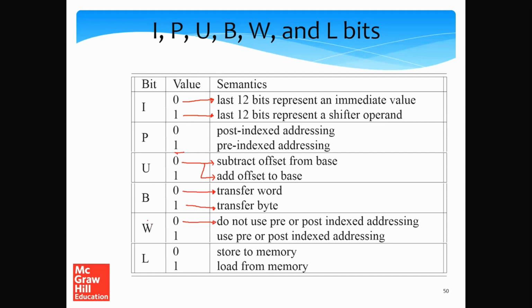W can be thought of as the write back bit, where essentially the base register is changing. And if the W bit is 1, it means to use pre and post indexed addressing. Lastly, how do we differentiate between a load and a store? That's very simple. L can be thought of as the load bit. If the bit is 0, we store to memory, and if the bit is 1, we load from memory.